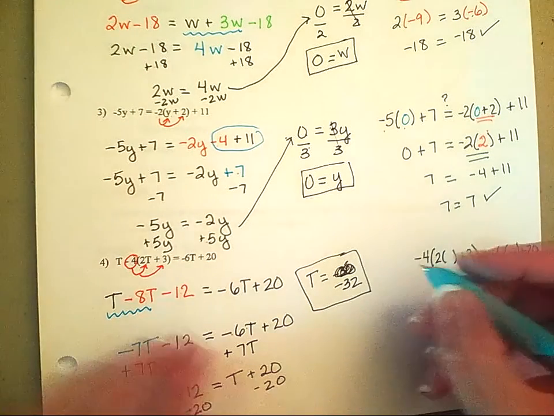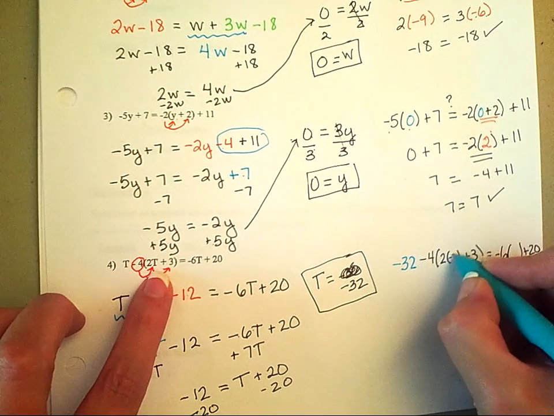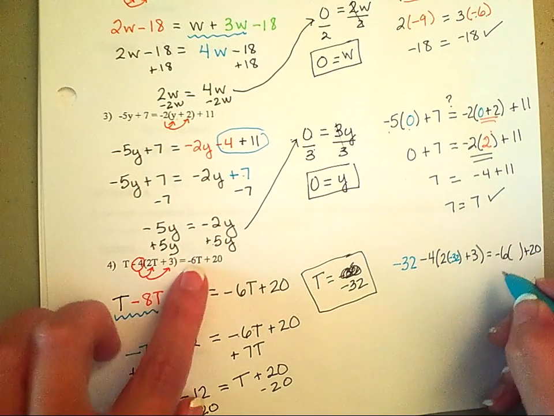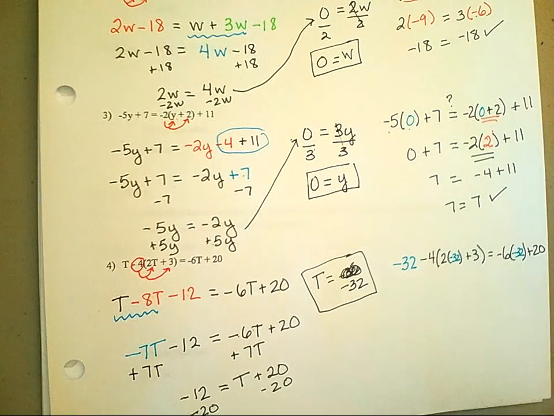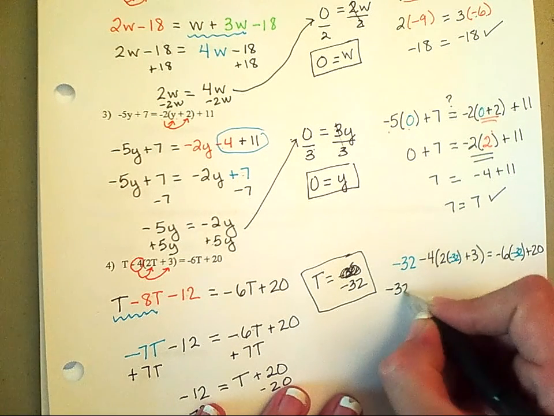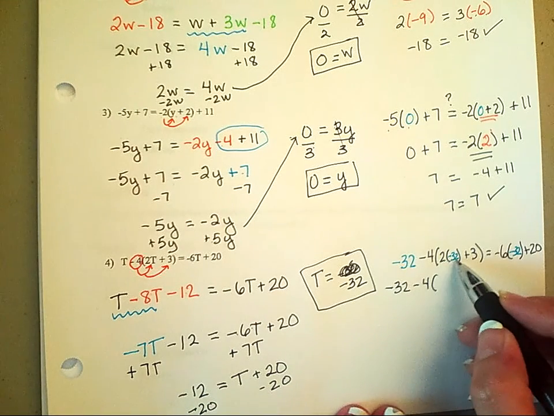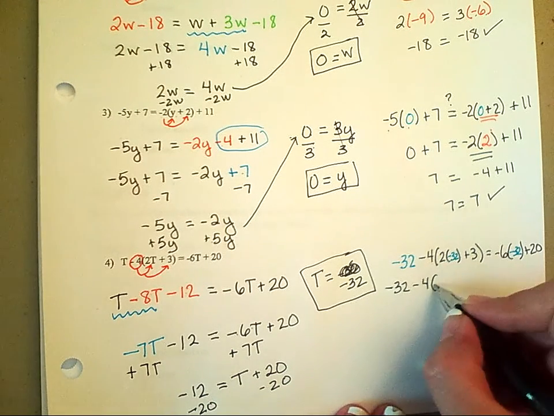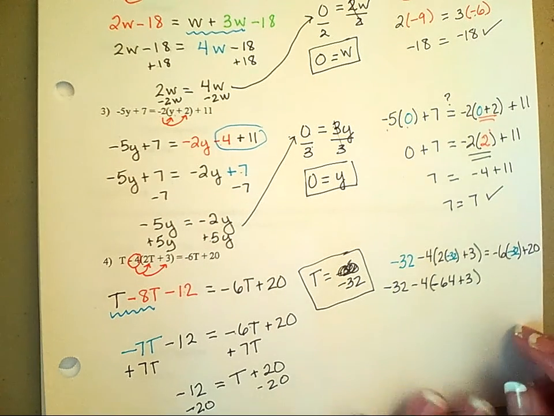Okay, and we said t is going to be negative 32. Minus 4, 2 times negative 32 plus 3, negative 6 minus 32. Alright, so we have to work inside of here. So this is negative 32 minus 4 times, okay, 2 times 32 is negative 64 plus 3.